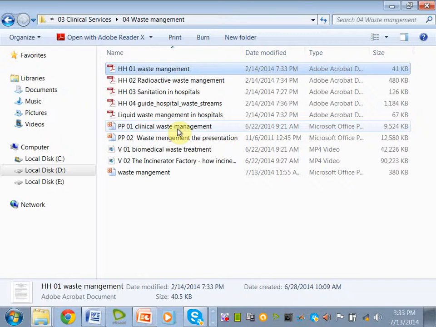Hazardous you have radioactive, chemical, and pharmaceutical. These are the very basic general nomenclature.